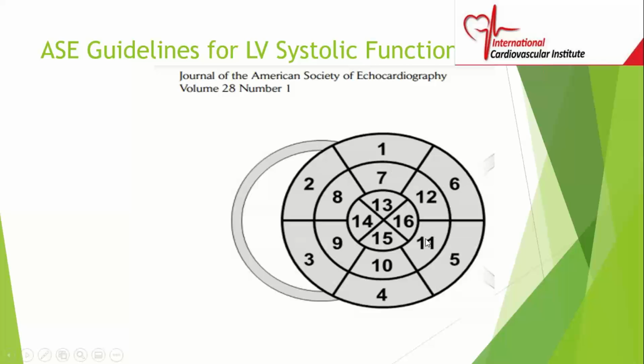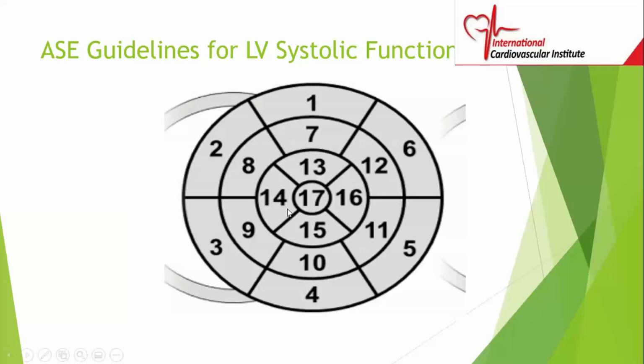So this is a 16 segment model, as opposed to the 17 segment model, because if you look at the apex of the heart and cut just the apex, you get what we call an apical cap, just the top of the apex.